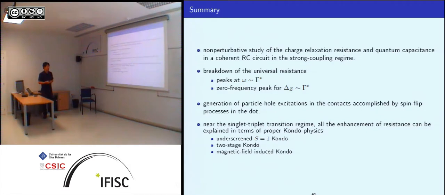Okay, let me conclude my talk. What we found is that in the presence of Coulomb interaction, or many-body effects, we can induce some spin fluctuation into the system by applying energy or some spin interaction, and then we can have a larger relaxation resistance.